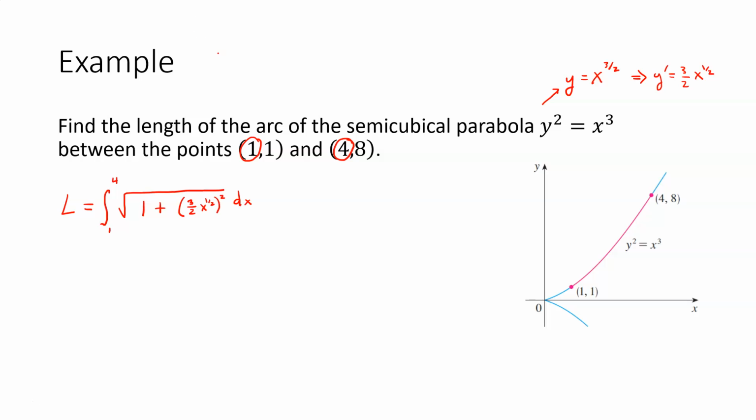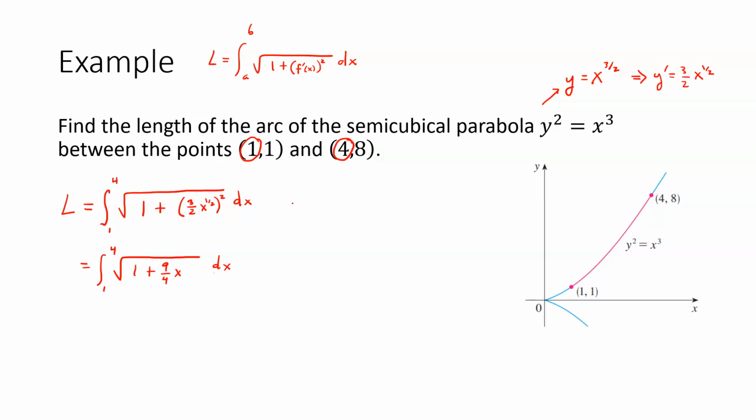I'm just using my arc length formula. And let's try and work this out. Inside the square root we have 1 plus 3/2 x to the 1/2 squared, which becomes 9/4 x.